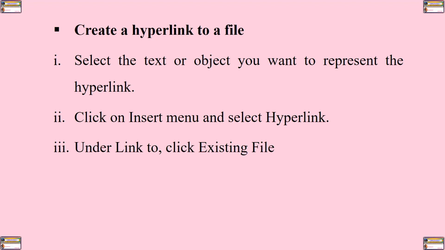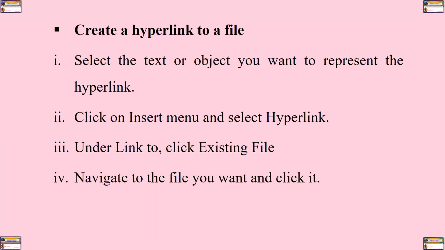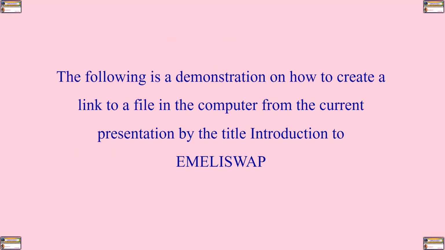Under Link to, you click Existing File. Then navigate to the file you want and click it. Then you click OK. The following is therefore a demonstration on how to create a link to a file in the computer from the current presentation titled Introduction to MLSwap.